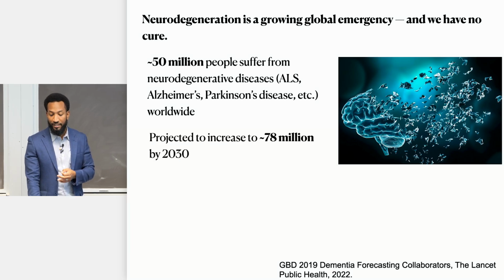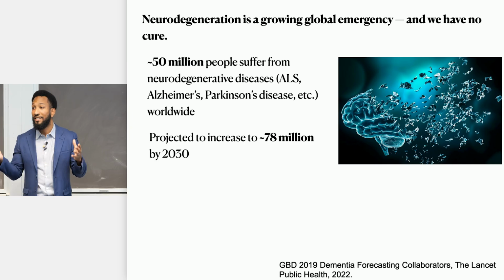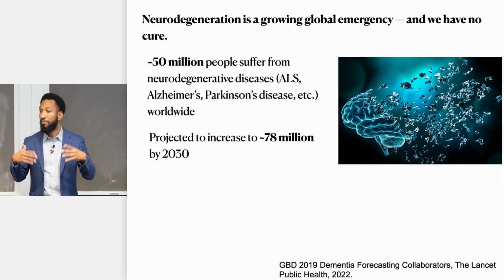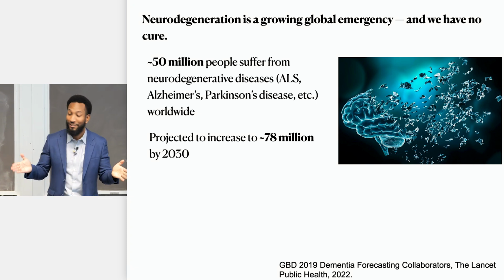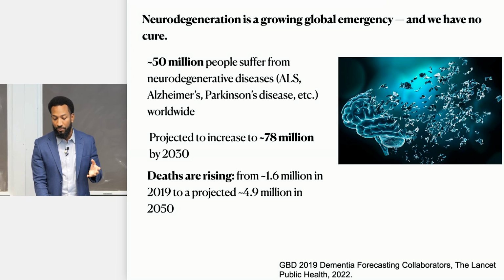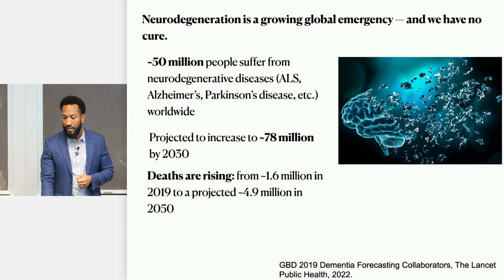And it's projected to increase to 78 million by 2050, not because there's more cases, but because our ability to diagnose them will improve. And so there's actually more people than 50 million now that have these diseases. And of course, the deaths related to those diseases will also rise due to accounting of the diseases.